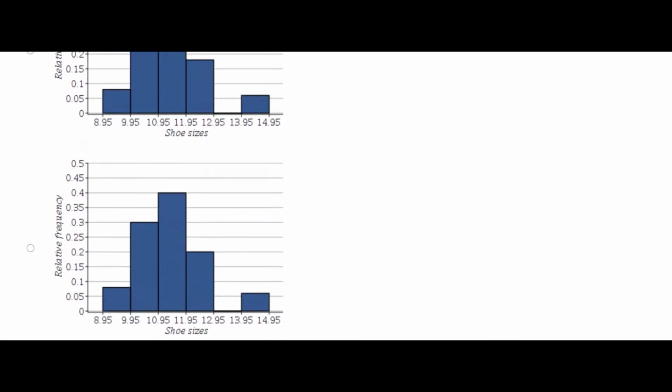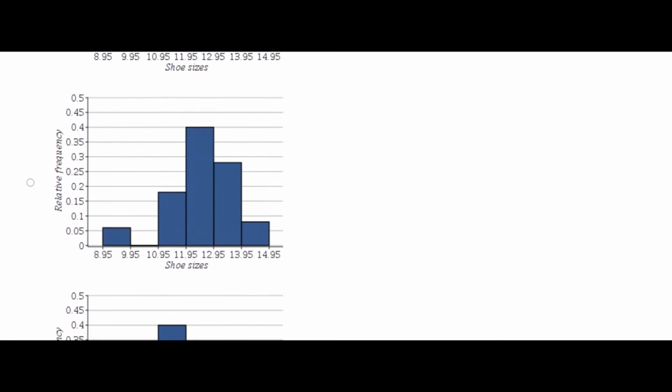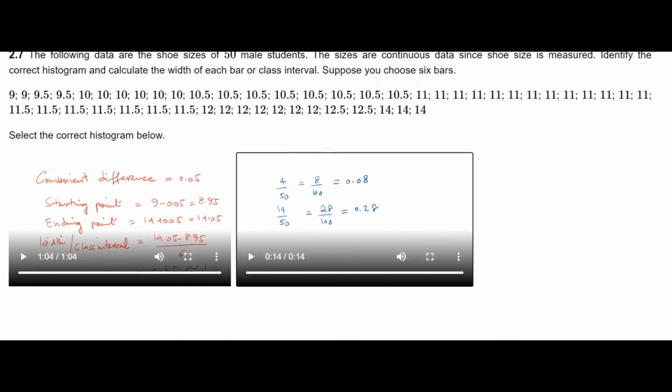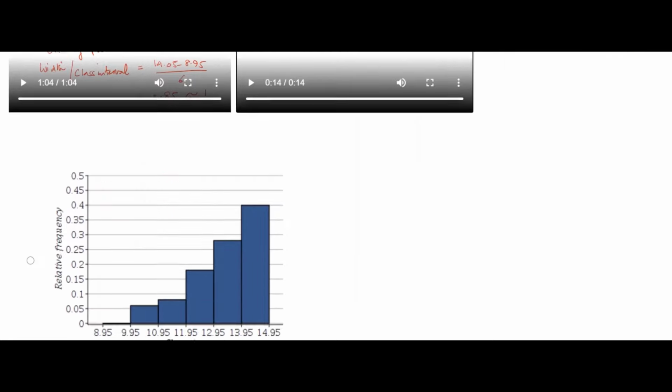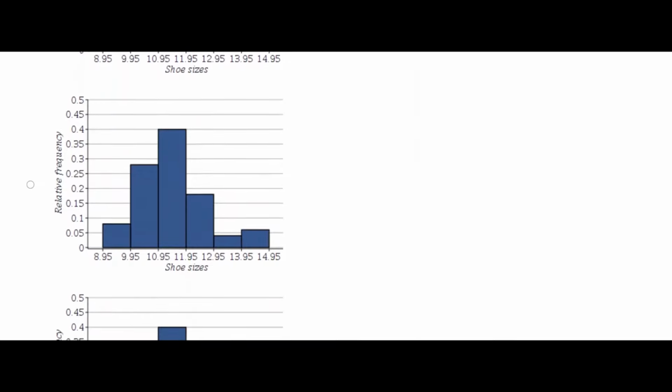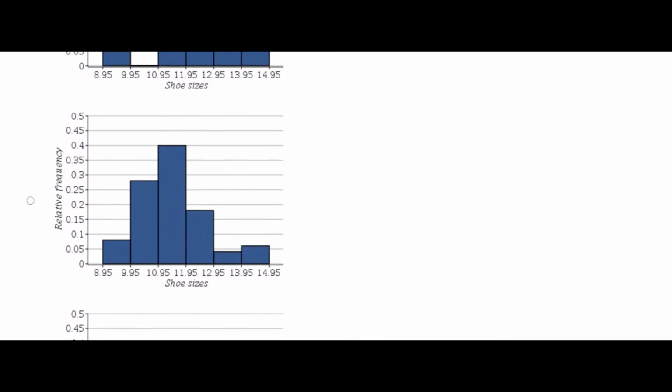And the fifth interval is between 12.95 and 13.95, which means that it will include all the numbers that start from 13. Now if we go back to the data, we see that there is no number starting from 13, right? So the height of this interval must be 0. Okay, this makes us believe that the third option cannot be an option. The only options are the fourth and the fifth options, where the height of the fifth interval is 0.